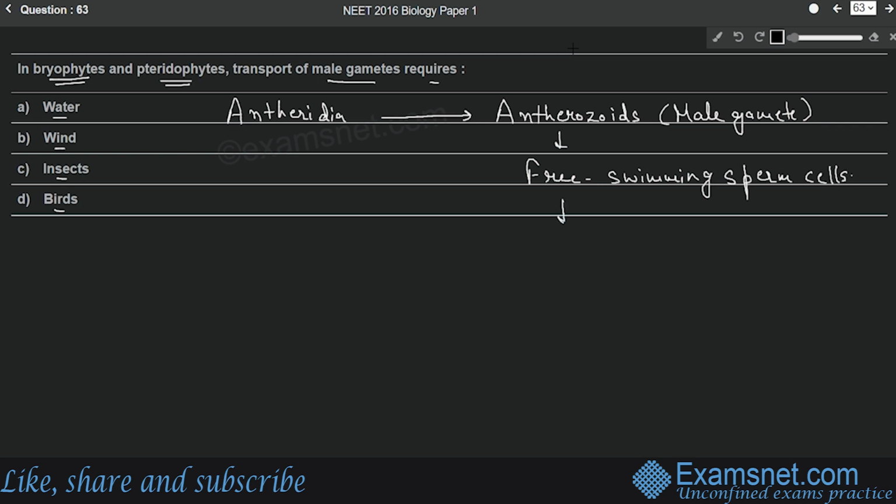So they move through water to reach the female gamete that is enclosed in the archegonium. Therefore, what will be the medium of transport for male gametes? Water. So option A is the correct answer.